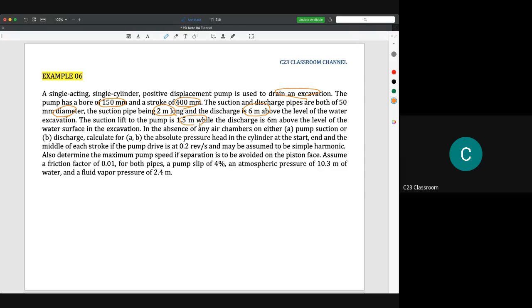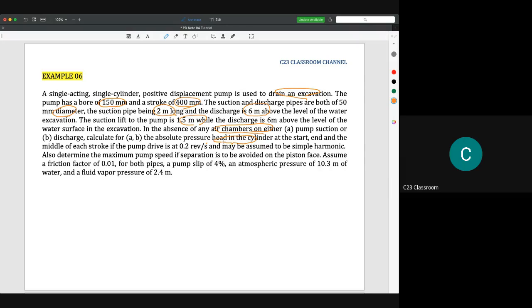In the absence of any air chambers, so now we are calculating suction and delivery without any air chambers. Calculate for A, the pump suction, and B, the discharge.